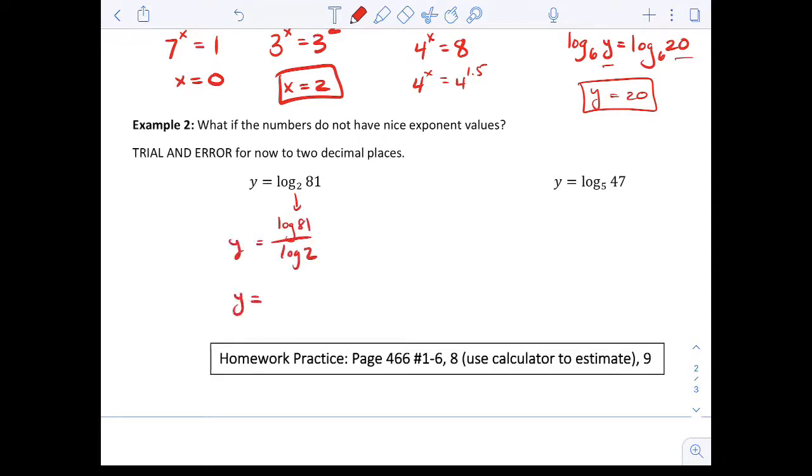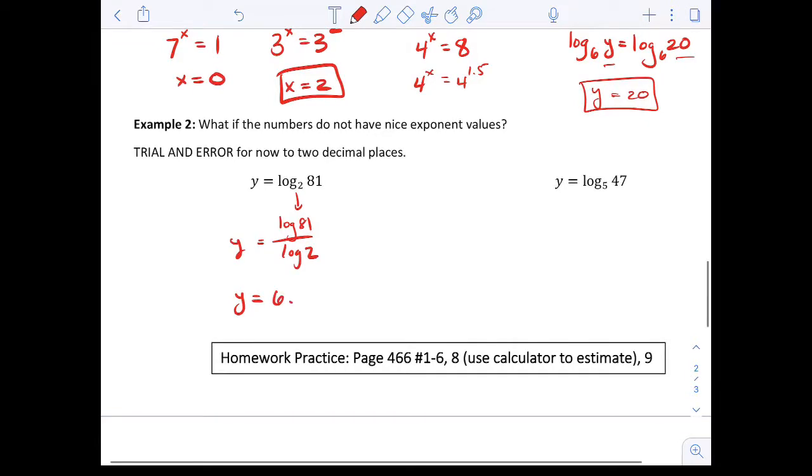In the next section, I'm going to explain why that's true. But when you put that into your calculator, whether you use trial and error or not, you should get the answer of 6.34. Right? 2 to the power of 6.34 will give me something close to 81. It's been rounded, but it's close to 81 using that trial and error to 2 decimal places.